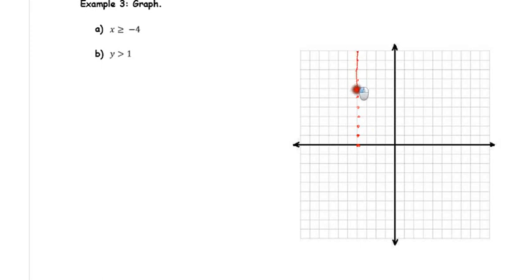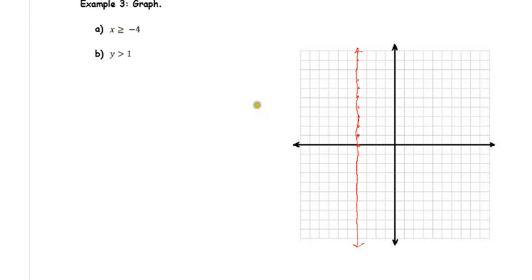So it's a solid vertical line where x is equal to -4. And I need to know which way do I shade. Am I going to shade to the left or to the right? Since there's no above or below a vertical line, I have to think any x value that's greater than -4 is going to make this true.